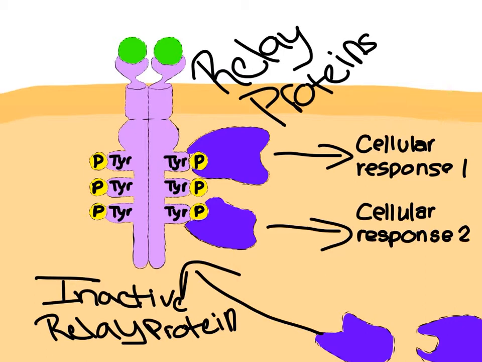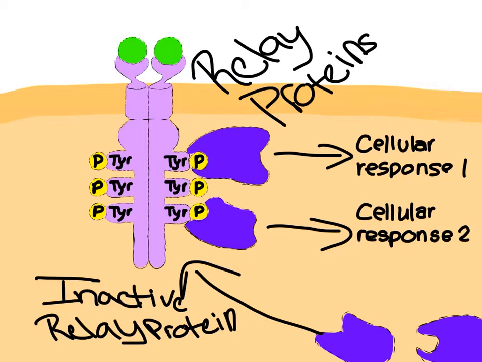These receptors can trigger separate cellular responses. For instance, this protein can go off and cause one response, and this protein can go off into the other side of the cell and have a completely separate interaction, sending a completely separate message that has nothing to do with this one.